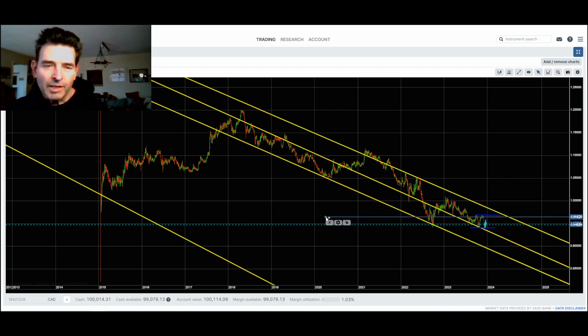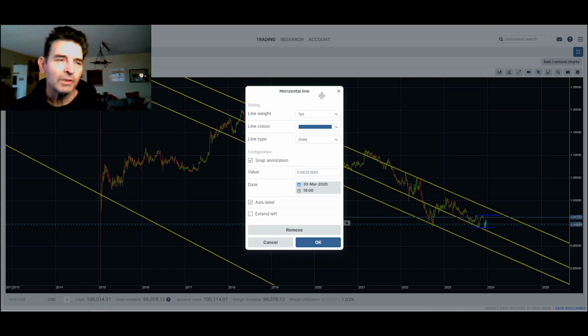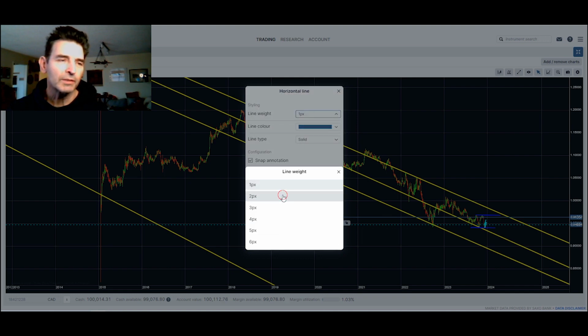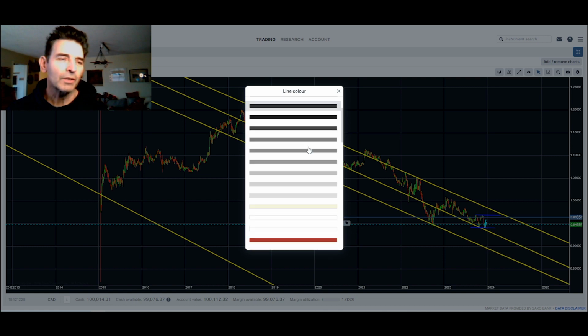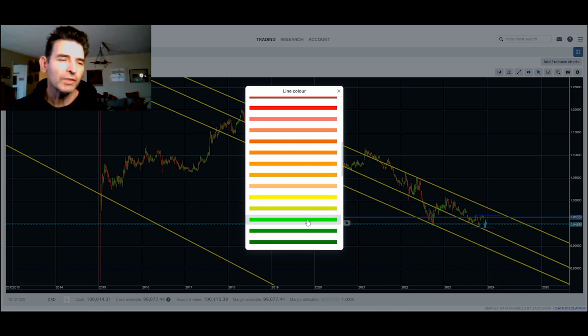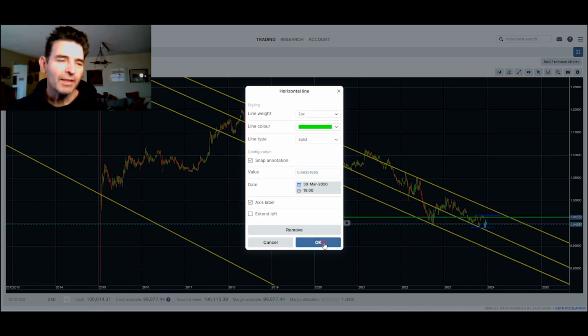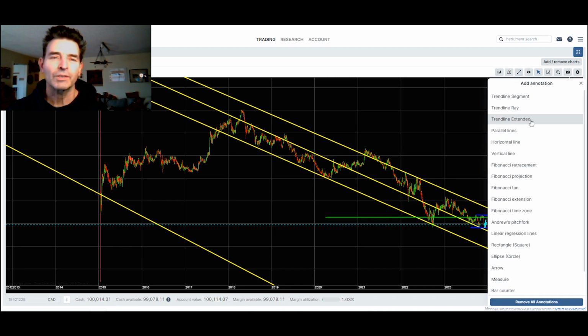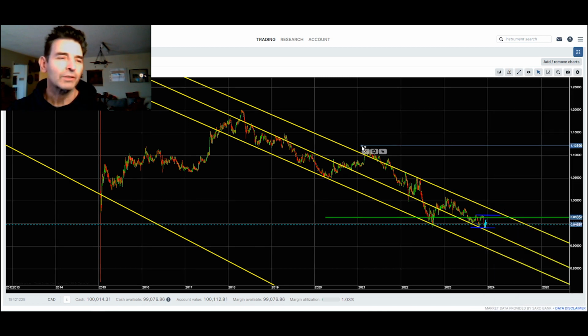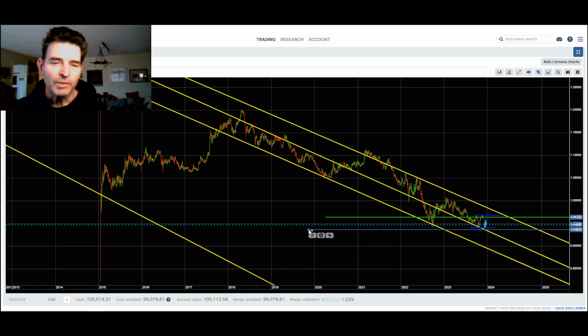We'll go just inside that wave 2 there, and we'll go 2 pixels on that, and green for go to this point, as in that kind of green. And let's set our stop here, horizontal line just below.